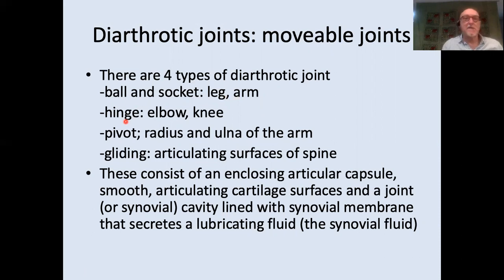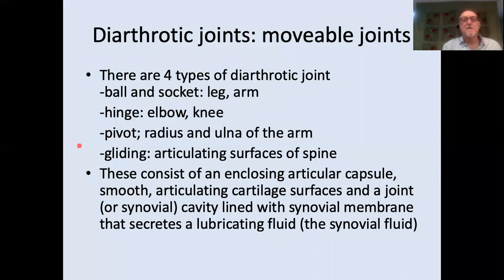Then there's another kind of joint called a pivot joint. The best example of that is also on the arm, where you can rotate your arm like this. You can rotate your hand thanks to a pivot joint in the arm.